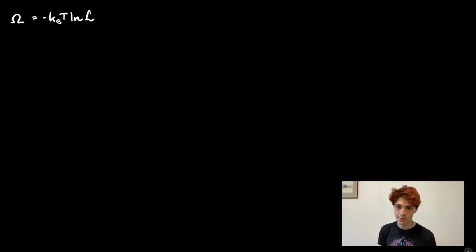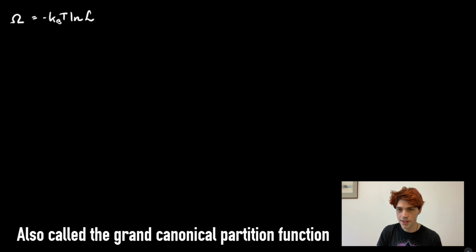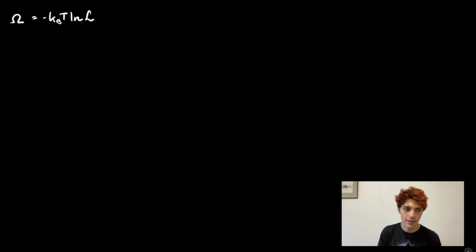If you haven't seen this video, then maybe go back to one of my previous videos. This term right here is the grand potential, which is a thermodynamic potential, which is good for situations in which the particle number changes. And this function right here is the Landau partition function, which is similar to the single particle partition function.